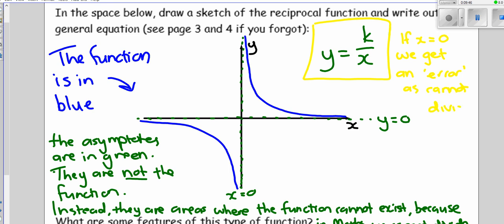So the reason why we have asymptotes, areas where the function can't exist, is because at those areas formerly you would have had x is 0 as a denominator, and we can't divide by 0. So hence why we have a vertical asymptote, and it's all because we cannot divide by 0. If you sub in x is 0 into the equation circled in yellow, you would get an error on your calculator.